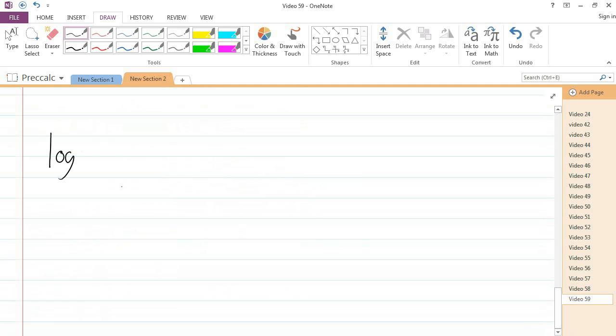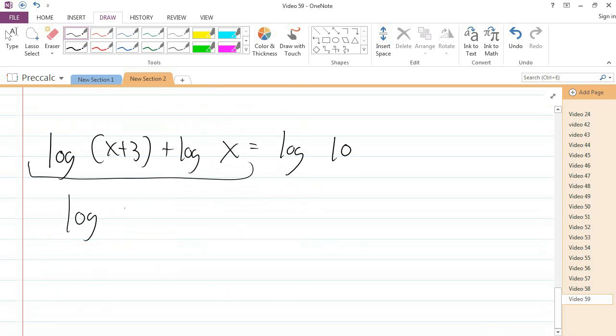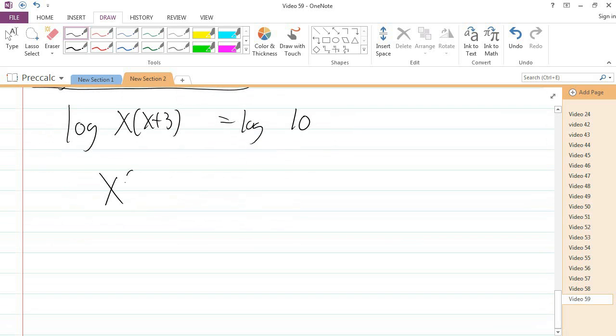Log of (x plus 3) plus log of x equals log of 10. Now this is just going to be a normal log equation. I've got to crunch the logs on my left side. I can then cancel the logs.